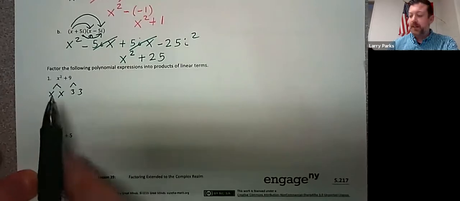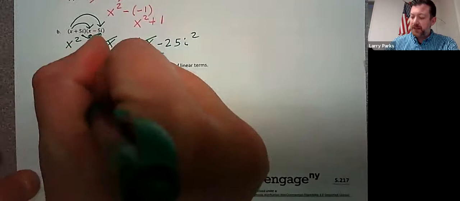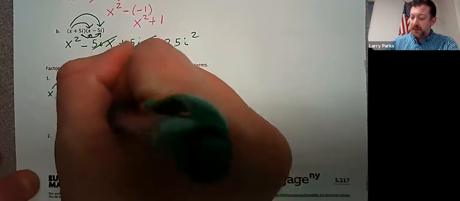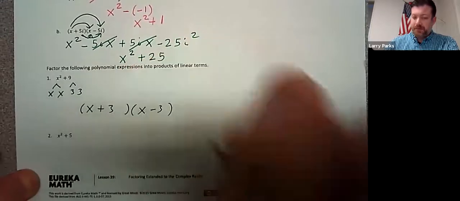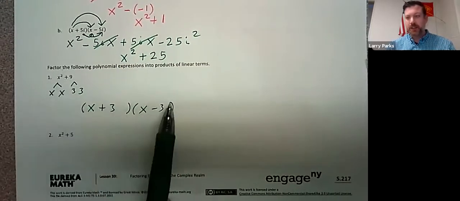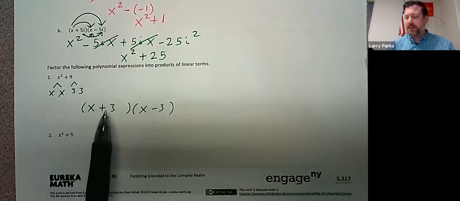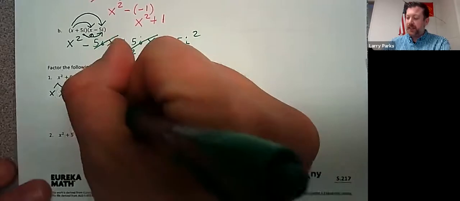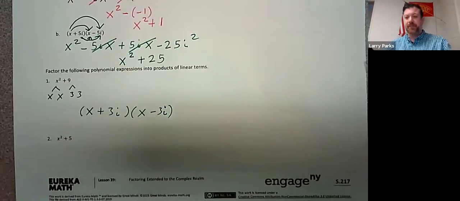And then I would do x with the 3, one plus, one minus. And then you look, if this is a minus, we're done. They're real factors. If this is a plus, you need the i there. So I would need an i here and an i here. And again, this is review. We covered this last semester.